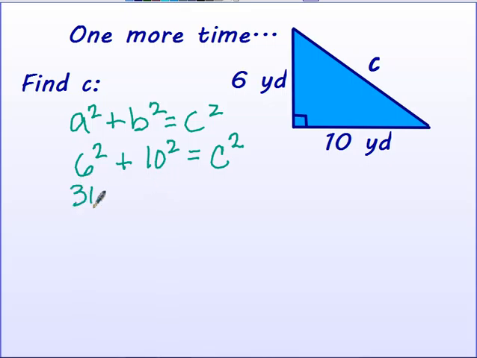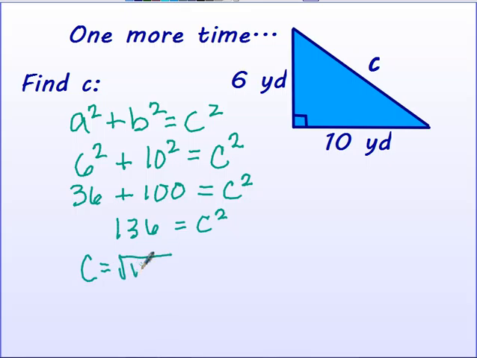I have 36 plus 100 has to equal C squared. 136 is equal to C squared. So a number times itself has to be equal to 136. That means C has to be the square root of 136.